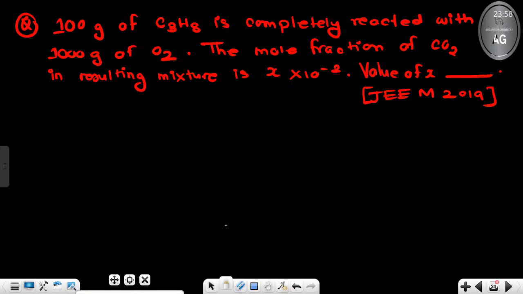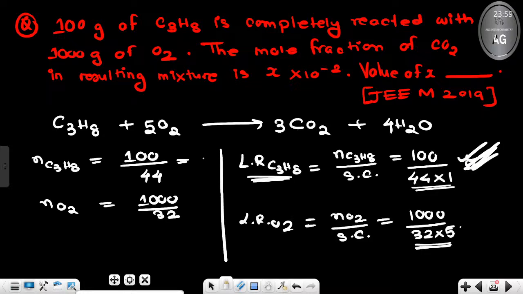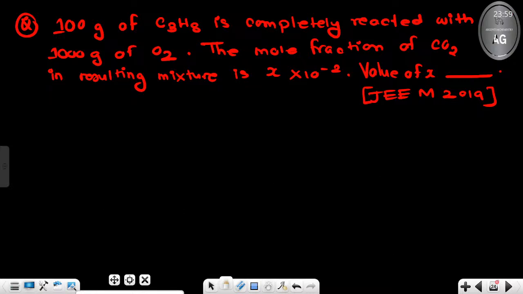Now let us see. In the reaction that we have just now seen, we can see 1 mole reacts to form 3 mole CO2. So because CO2 is required, can I write 1 mole C3H8 forms 3 mole CO2, right?